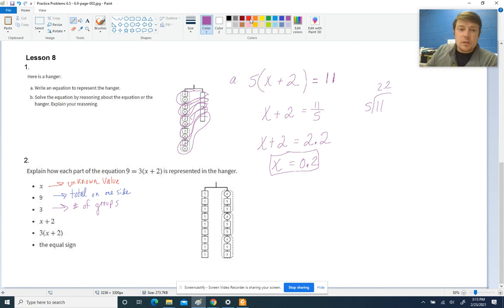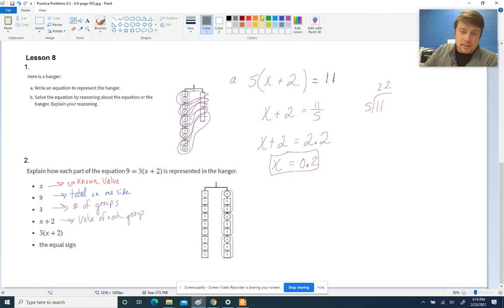Now, the x plus 2 is representing what is in each group. So the value of each group. In every group is an x plus 2. X plus 2, x plus 2.